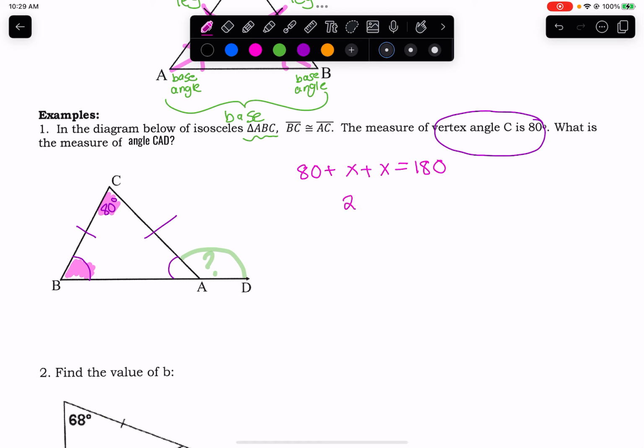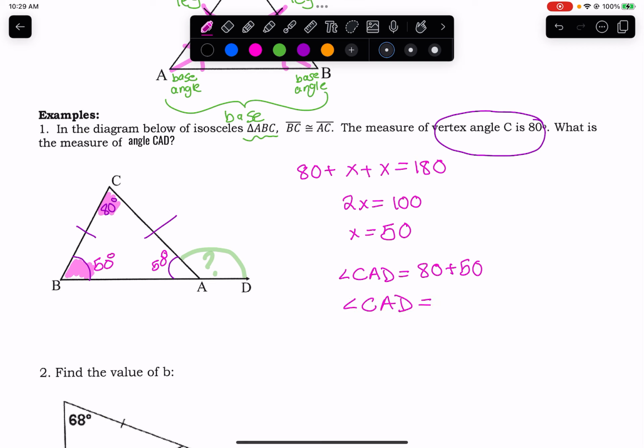So I can use this to solve for x, which is the measurement of my base angles. So now I have the measurement of my base angles. So angle CAD is equal to 80 plus 50. So angle CAD is equal to 130 degrees.